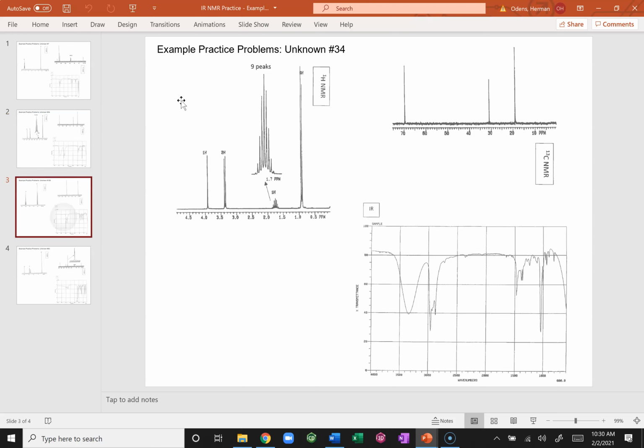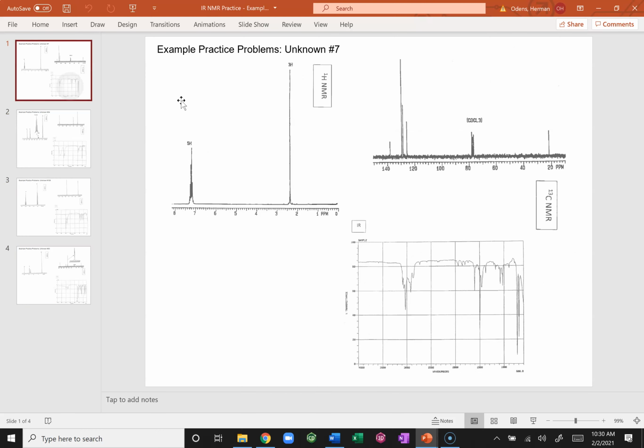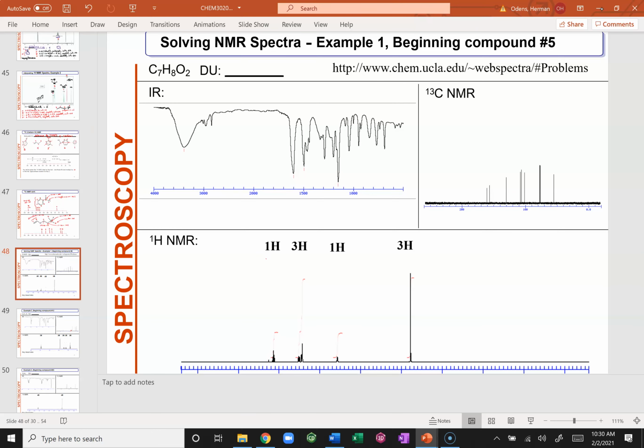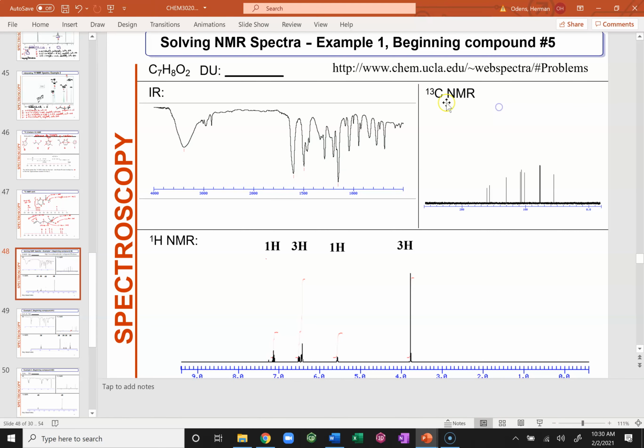It's easier to streamline it like that. But I was going to tell you, if you want extra practice, you can go to this website. Let's go there so that you know what it looks like. Let's copy this. Notice that it says example 1, beginning, compound 5.